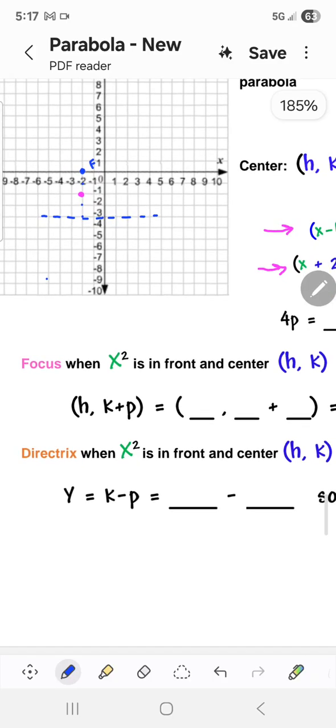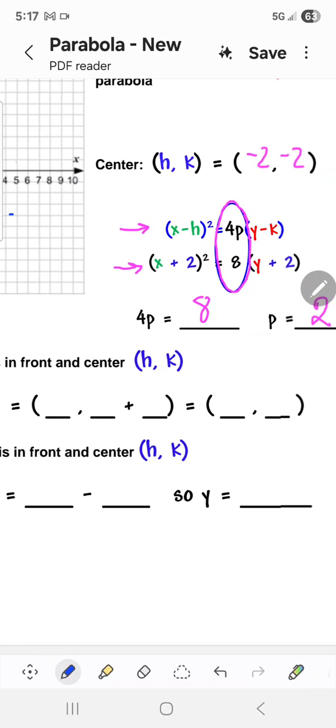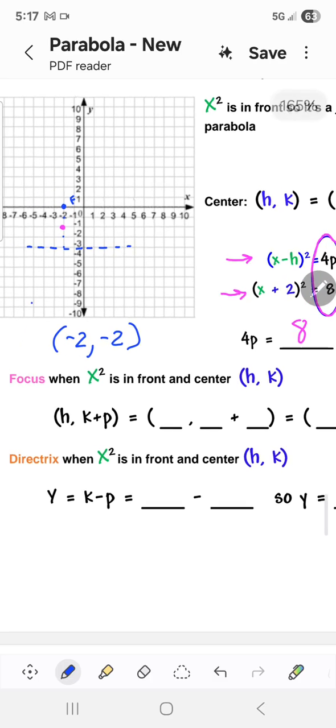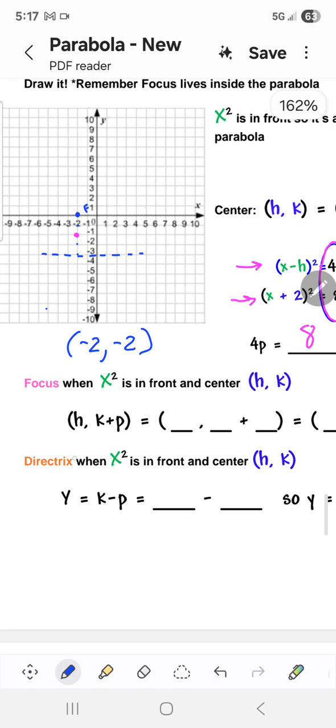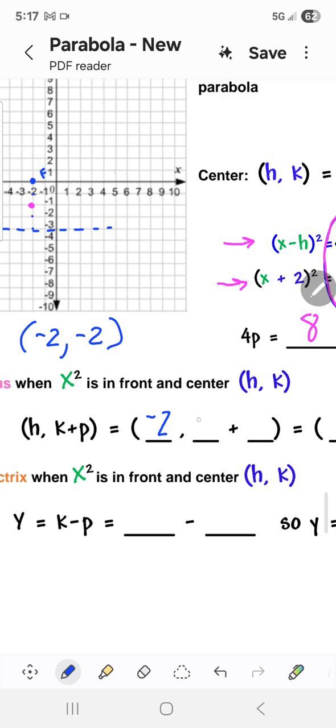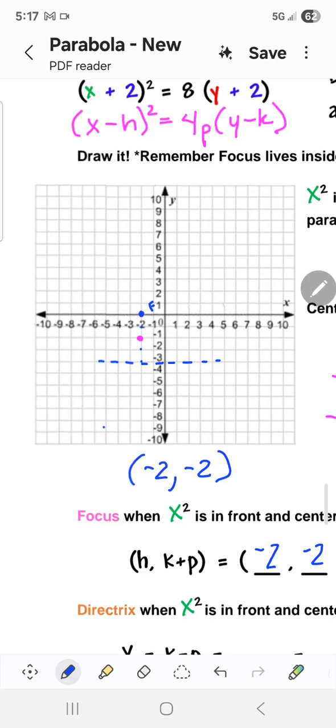The focus: p is 2, and my h, k was negative 2, negative 2. So let's fill out our equations and see if we were right. I've got negative 2, comma, negative 2 plus p, which is 2. So negative 2, 0. That is where my focus should be.